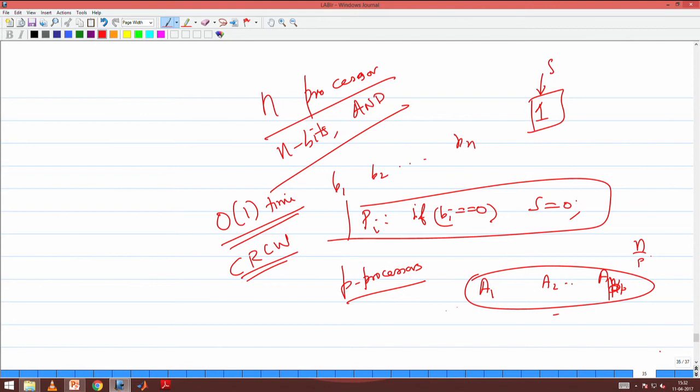Now I have P processors and P bits, and this will take order 1 time. So n by P time into P is order n. So this is an optimal algorithm. I can design an optimal algorithm which takes n by P time to find the AND of n bits.